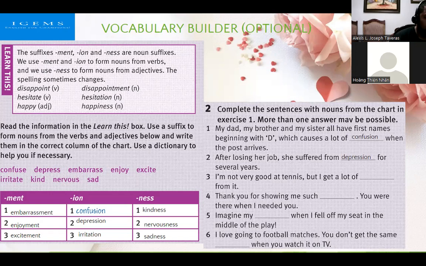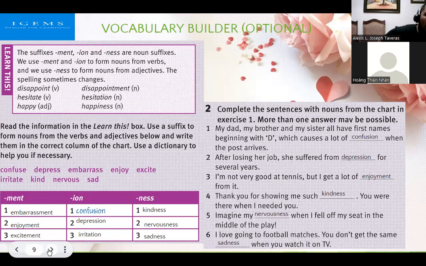You don't get the same excitement when you watch it on TV. Okay, let's look at the answers over there. Number 1, my dad and my brother and my sisters all have first names beginning with D, which causes a lot of confusion when the post arrives.